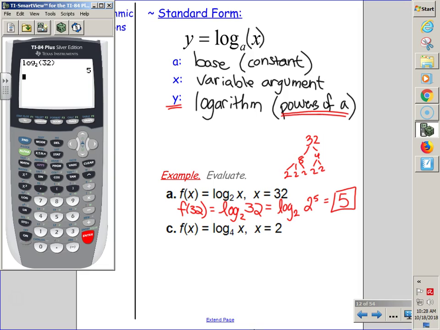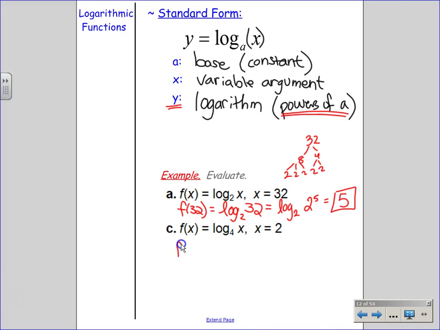Oh, this is easy. All we got to do is rewrite the argument as a power of the base, and then answer. So this guy, easy cheesy, right? Plug in 2. Log base 4 of 2 equals log base 4 of 4 to the power of... Plug into your calculator.